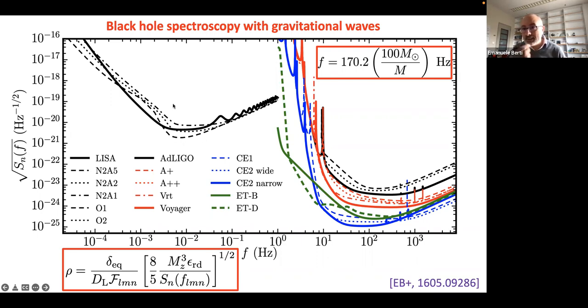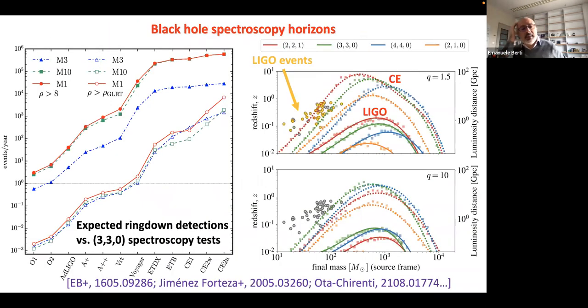And so the typical SNRs that you will see in LISA will usually be much higher than the ones that you see in LIGO. And this is why in a paper in 2016, soon after the first detection, we forecast that with a Voyager class detector, the best that you can build in the current LIGO facilities, you should start being able to do black hole spectroscopy routinely.